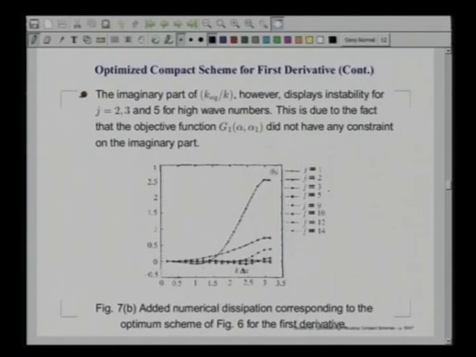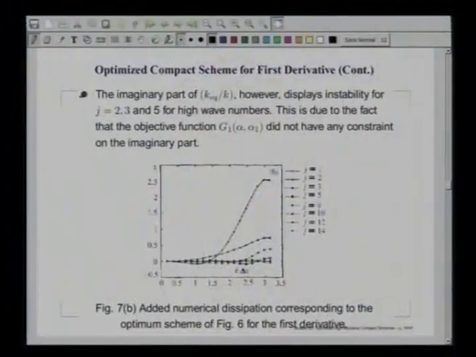If you look at j equal to 3, it remains stable, then again it becomes unstable. So, it has windows of stability and instability. So, what we are looking at here is that in the process of minimizing error, we have not been able to keep the scheme in such a way that we get a spatial discretization that will lead to stability.